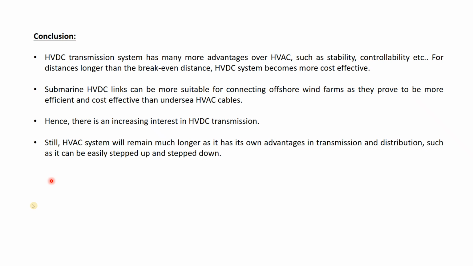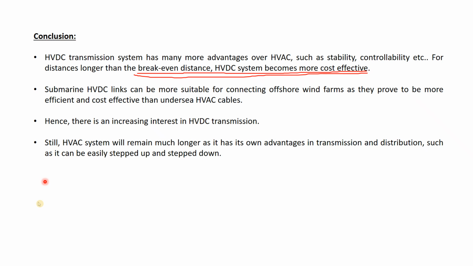So obviously HVAC will be used, because first and most importantly, HVDC is only used above the break-even distance, but below the break-even distance HVAC is cheaper. So obviously AC will be used because it can be stepped up and stepped down. We can convert single phase to three phase to single phase, and then the distribution can obviously take place using AC.